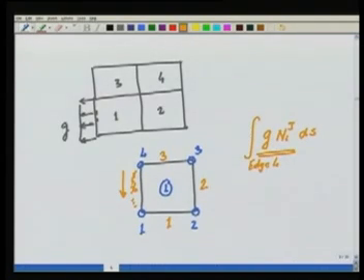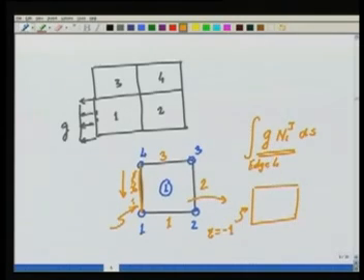This edge corresponds, in the master element, to psi equal to minus 1.